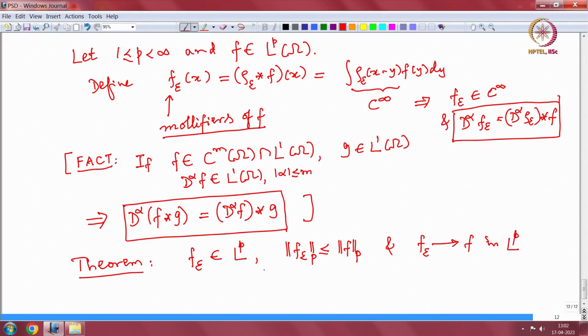Omega is already understood. This means the norm of f epsilon minus f tends to 0 as epsilon tends to 0. Let me briefly indicate the proof.